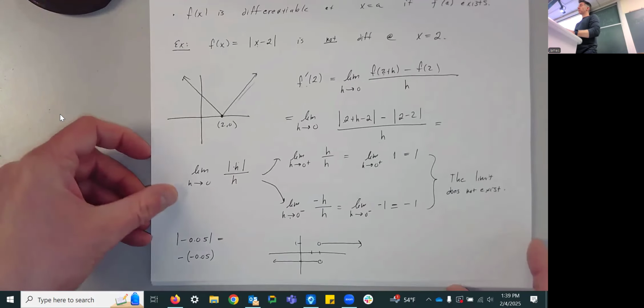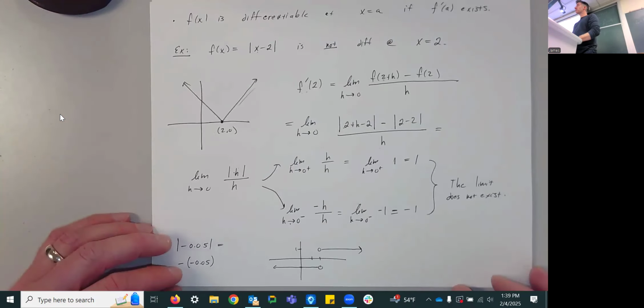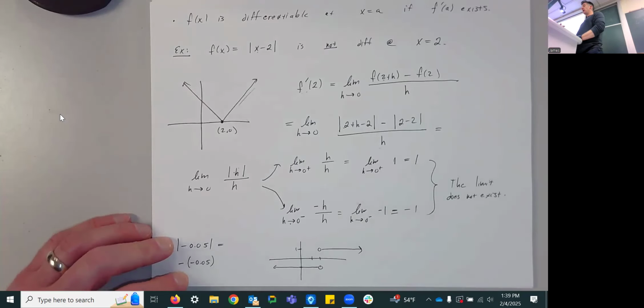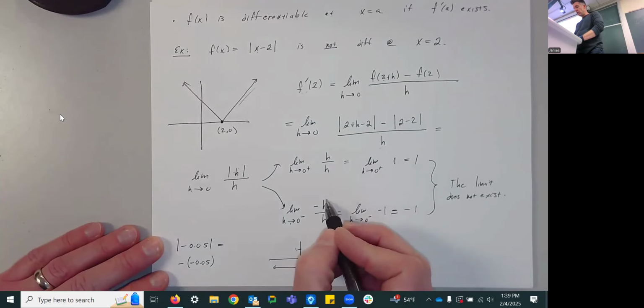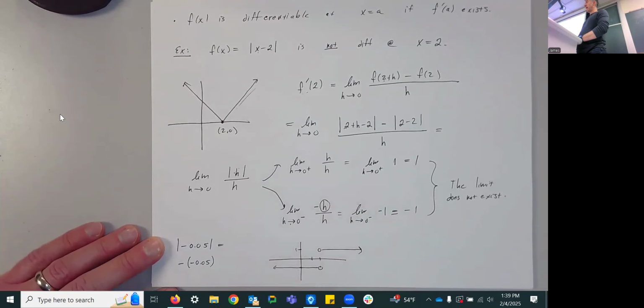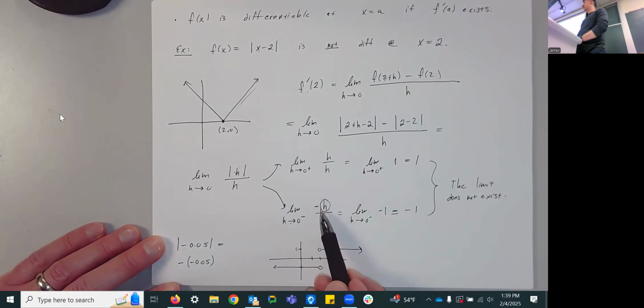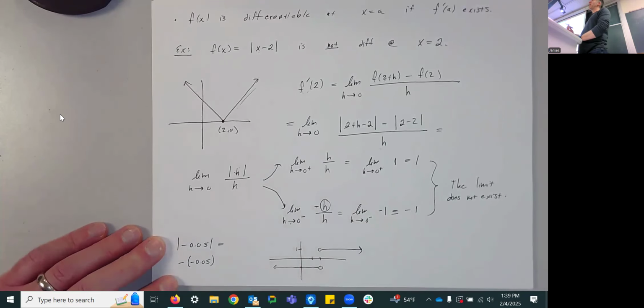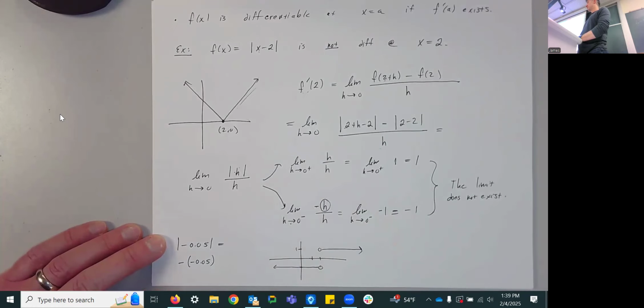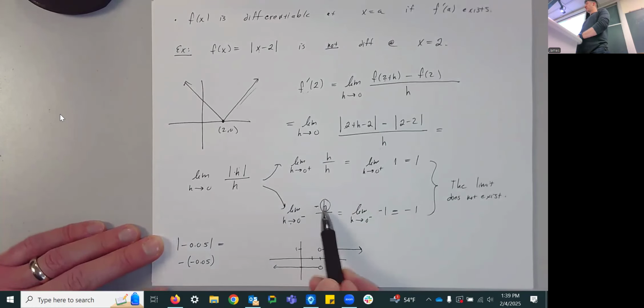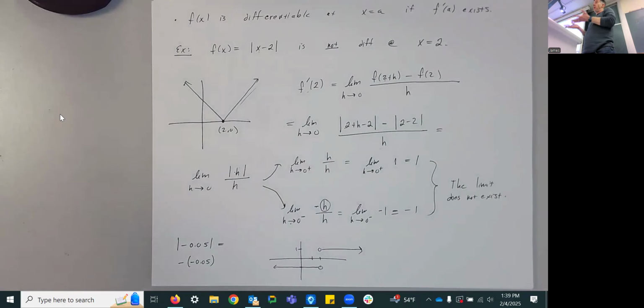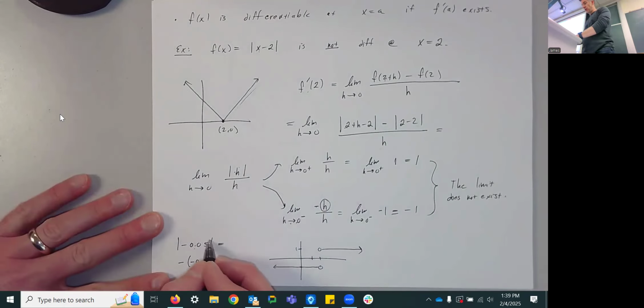The absolute value didn't return the h. So it did, because the h here is already negative. So the negative of this negative number is positive. We just have to express it in a way that shows what it is. This negative h here, even though it looks negative, actually is a positive number, because we already know that the number we're plugging in for h is slightly negative, like over here. This is our h value.